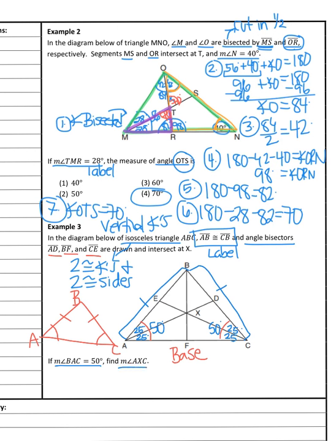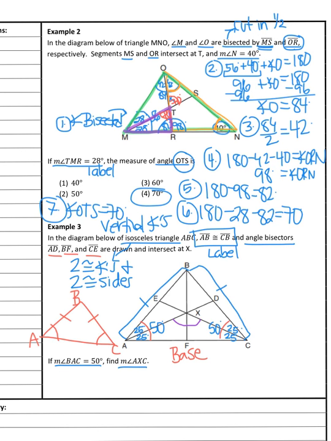Find the measure of angle AXC. So AXC, I'm going to do this in a different color, is this angle right here at the top. So what I need to do is take a step back. AXC is not an angle of the big triangle ABC, but we are going to use the idea that those were bisectors and those angles on the bottom there.